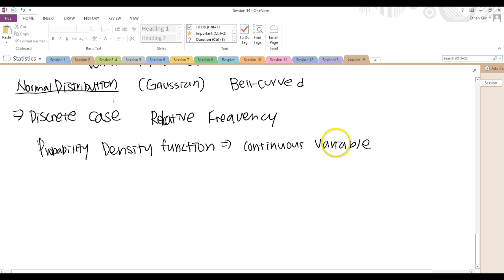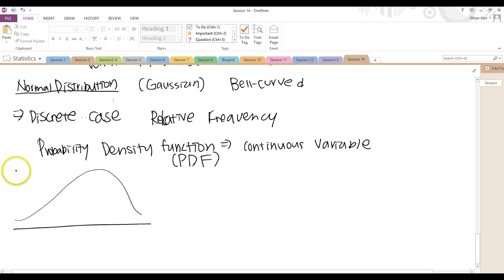It's kind of hard to explain how it works. We call this the PDF because it's very redundant to say probability density function every single time we mention it.